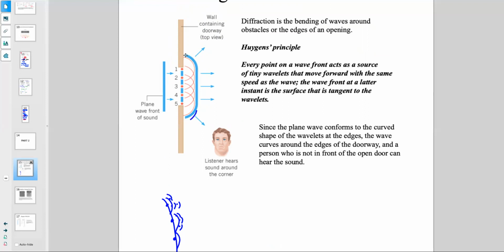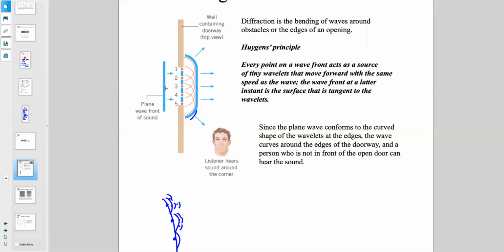There is a curvature right here and right there, and that's why the listener can hear sound coming from the doorway. The observer is on the corner of the room, but he or she can still hear what's going on in the door because of this curvature in the wave.